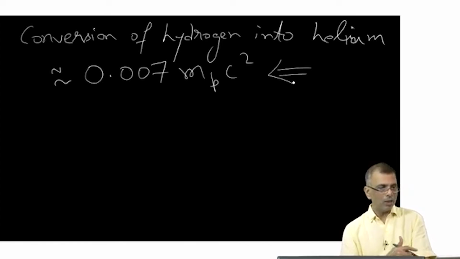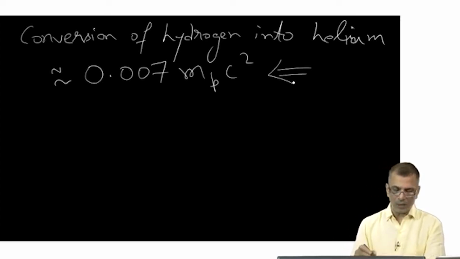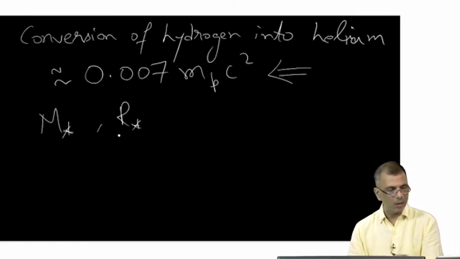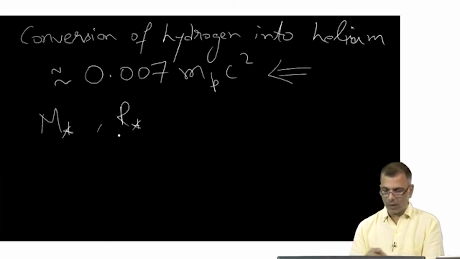Okay. So, now consider a compact object of mass m star and radius r star. Now, let us consider a blob.